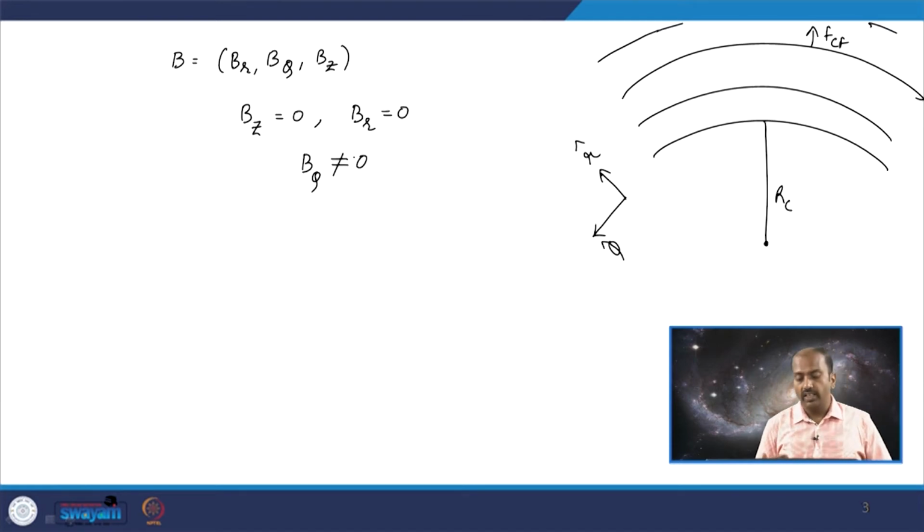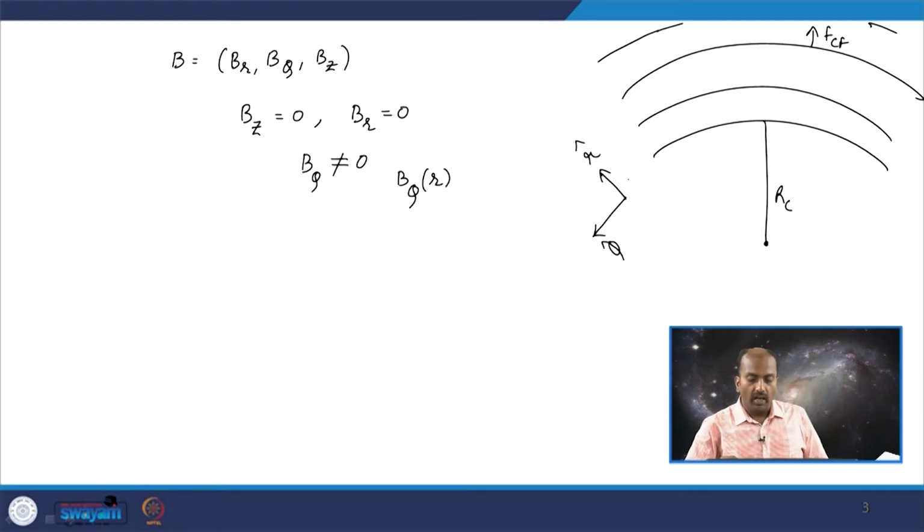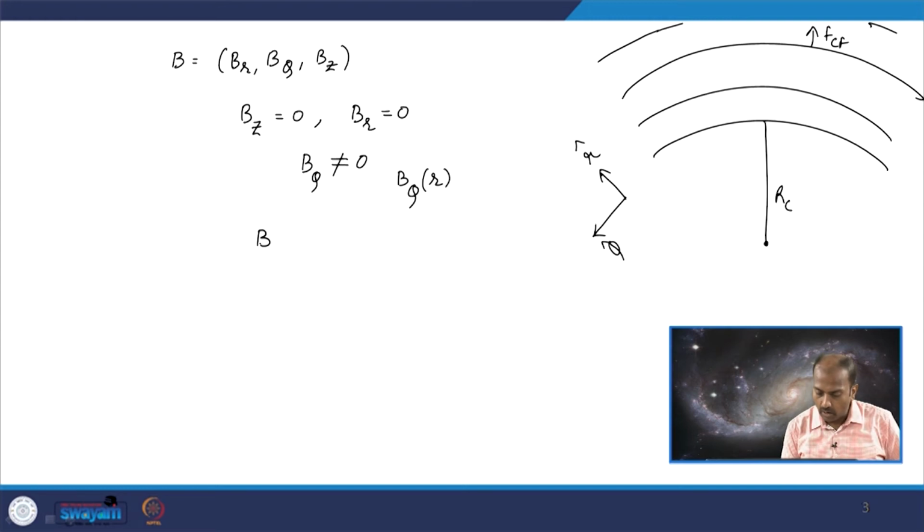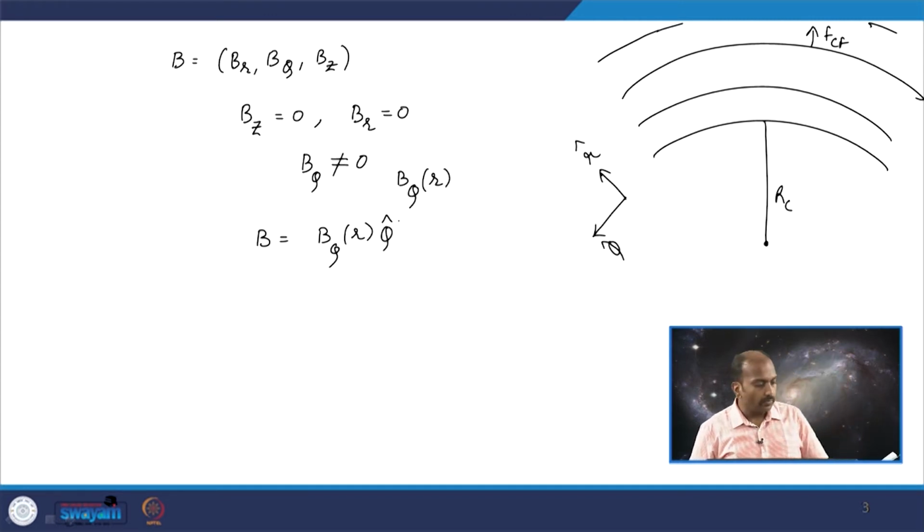The magnetic field is indeed directed across the phi direction, but B phi will vary as a function of r. So, the magnetic field which is directed in the phi direction will have different values at different values of r, but it is always directed across the phi direction. So, that is the basic idea. The magnetic field can now be written as B equals B phi as a function of r, directed in the phi cap direction.